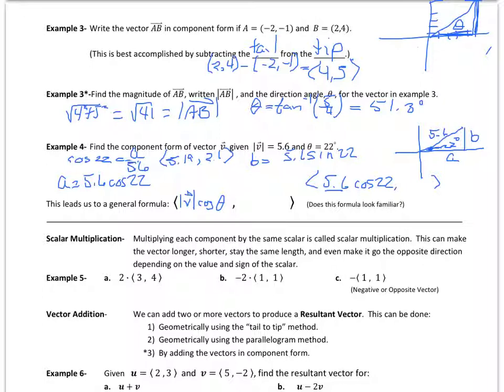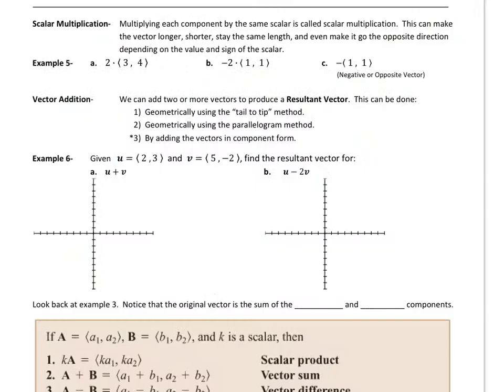And then our vertical component is the same, the magnitude of v times the sine of theta. Hopefully that looks a little familiar. Is that alpha or theta? Theta, sorry, I keep saying alpha, but then I write theta. Cosine's with x, sine is with y, right? So when we talk about those things, that all hopefully will interrelate.